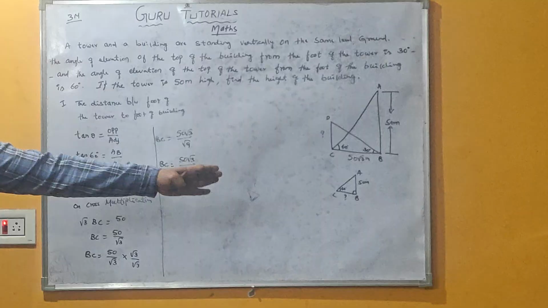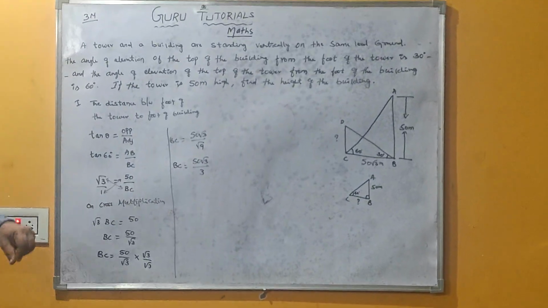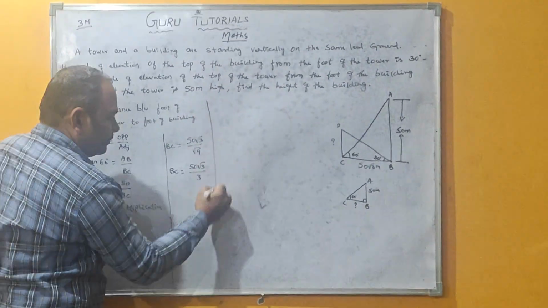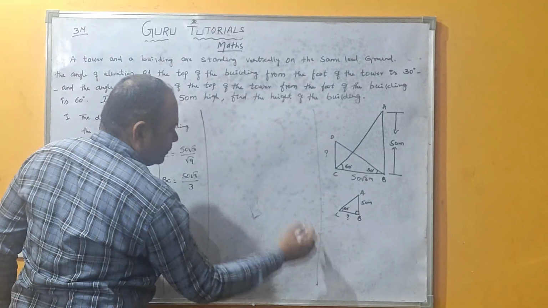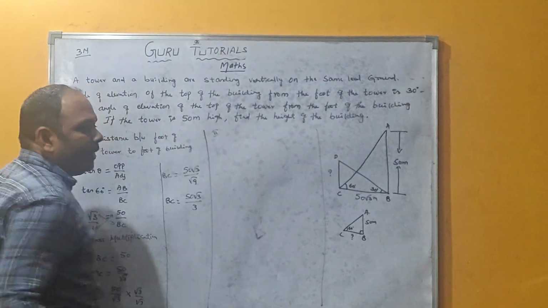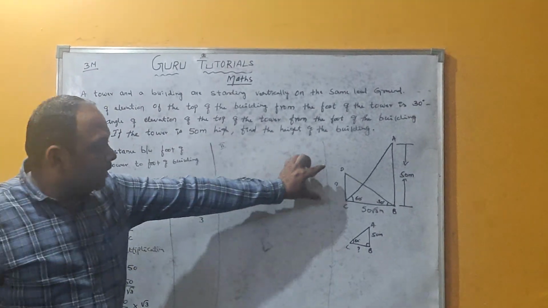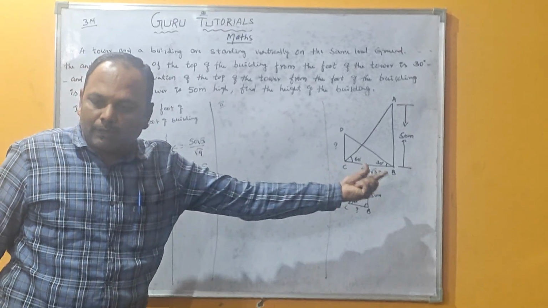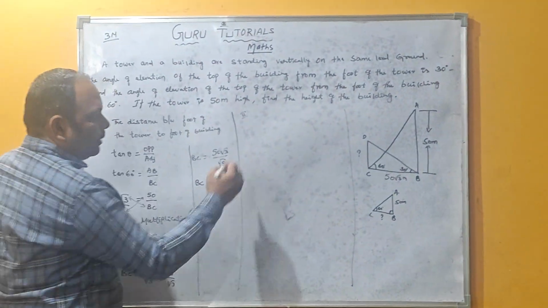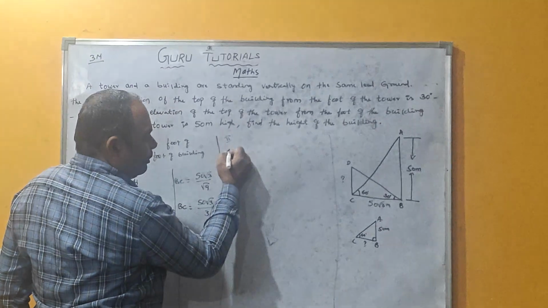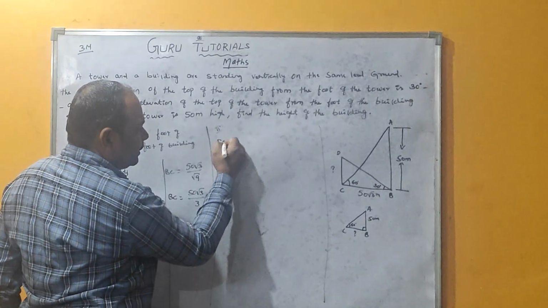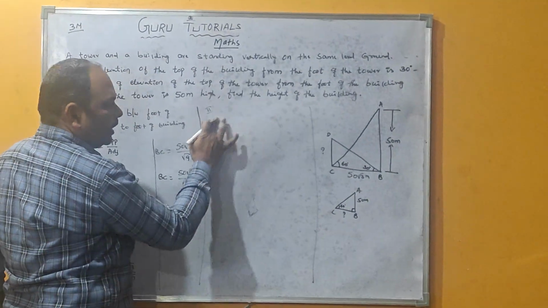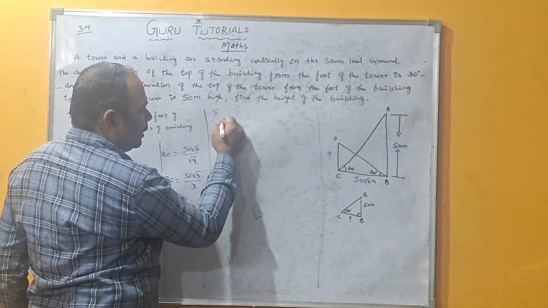Now I know the distance from the foot of the tower to the foot of the building. In the second step, let me find the height of the building. The height of the building, that is DC, I will find using tan theta.